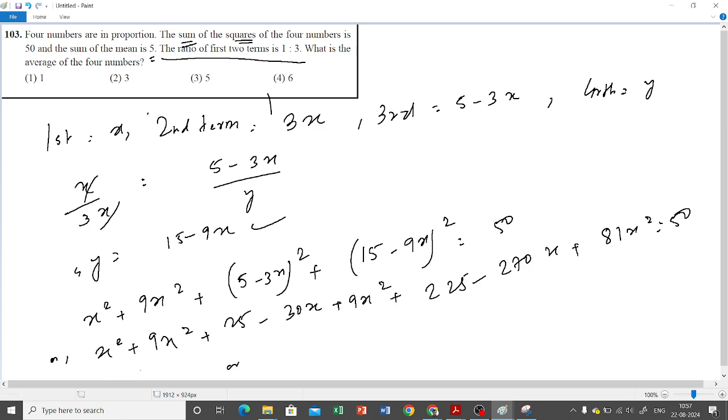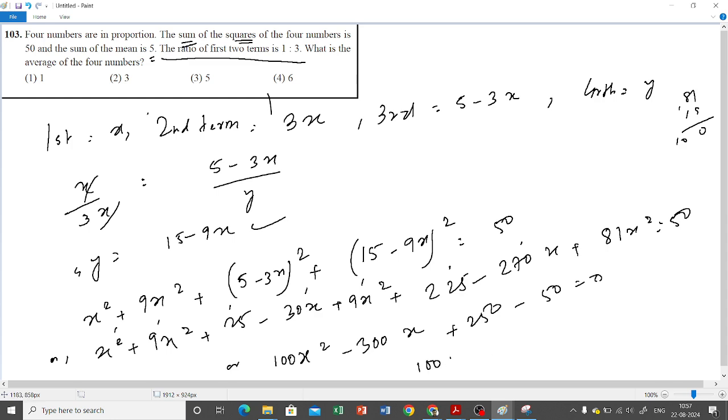So 9, 10, 19, it's going to be 100x square. Now 30, again 300, it's going to be 300x, right? 25 and 225 is going to be 250 minus 50 equals 0. This is going to be 100x square minus 300x plus 200 equals 0. If I take 100 common, x square minus 3x plus 2 equals 0.